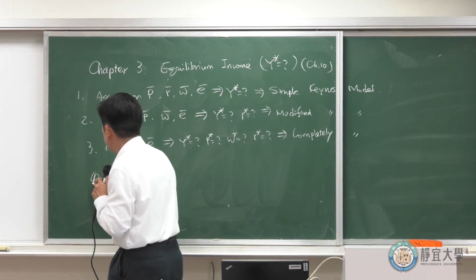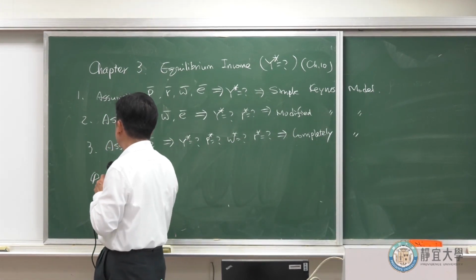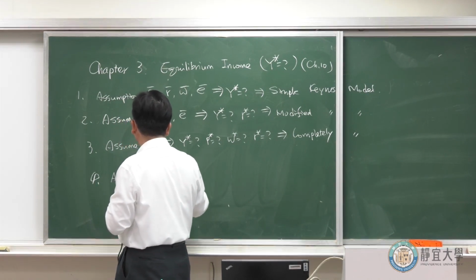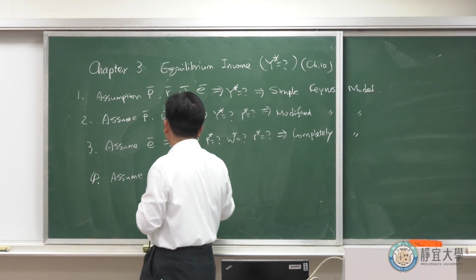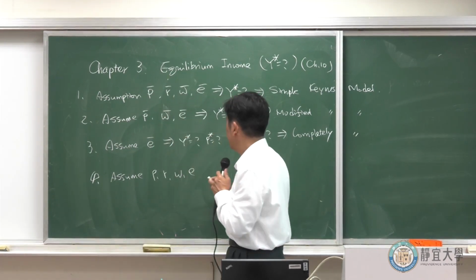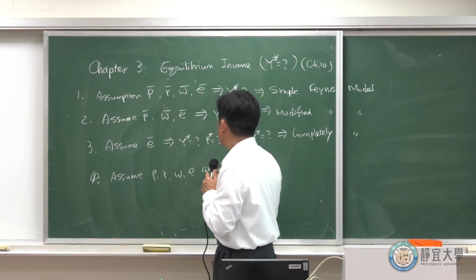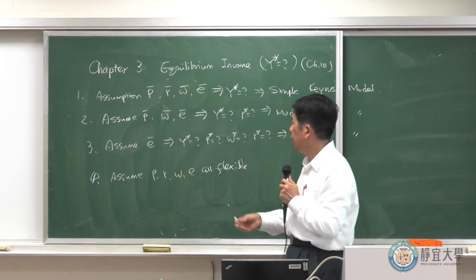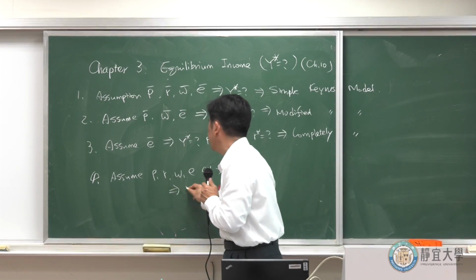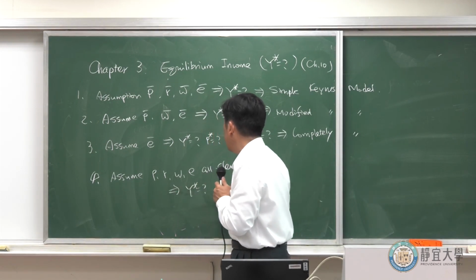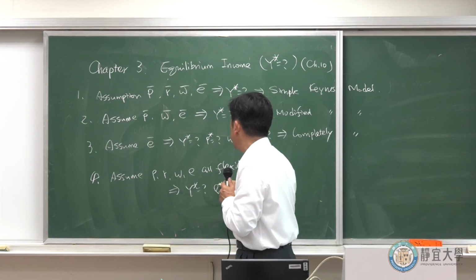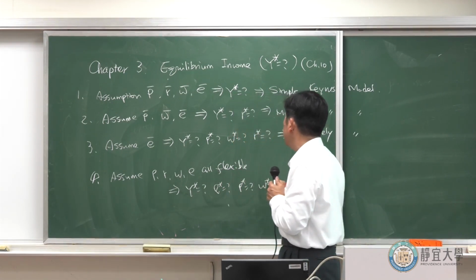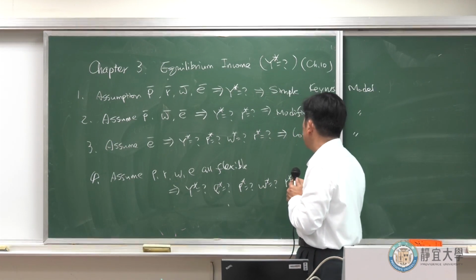The fourth one, we assume P, R, W, E are all flexible. After that, we can try to find Y star, E star, P star, W star and R star.